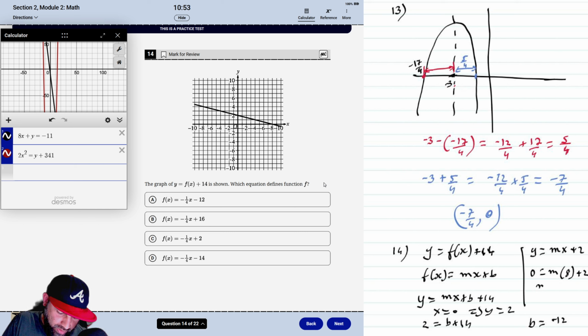So m times 8 is going to be equal to -2, and m is going to be equal to -2/8, which is equal to -1/4.